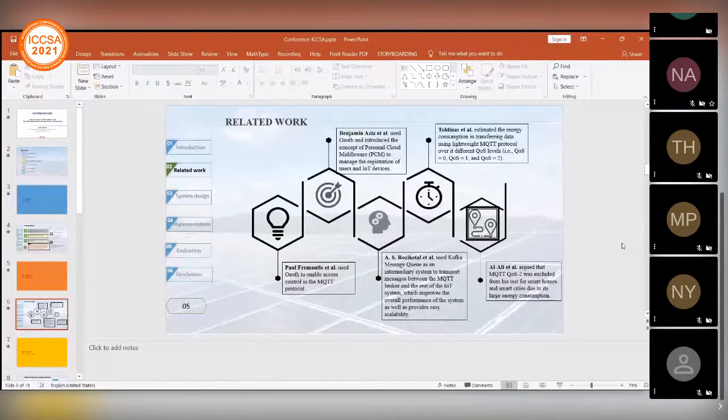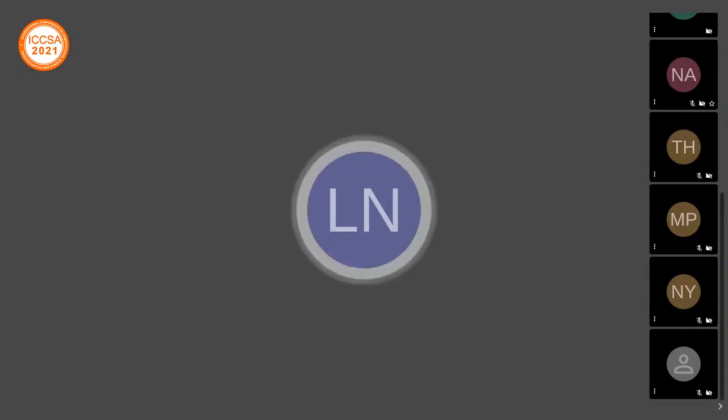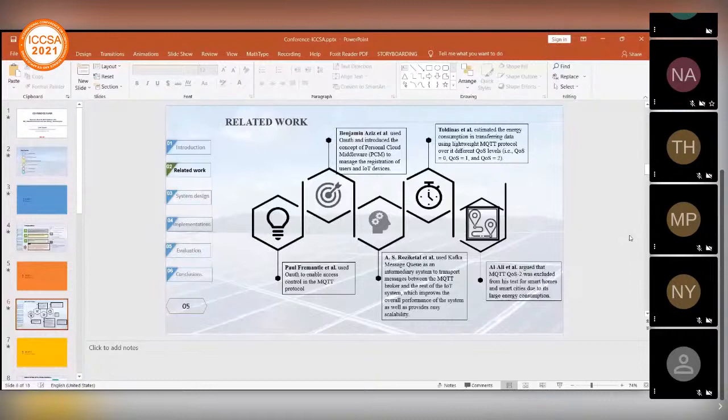One work incorporates OAuth to enable access control for the MQTT protocol. Another work uses OAuth and introduces the concept of personal cloud middleware to manage the relationship of users and IoT devices. Another work uses Kafka MQ as a transmission system to transmit messages between the MQTT broker and the rest of the IoT system.